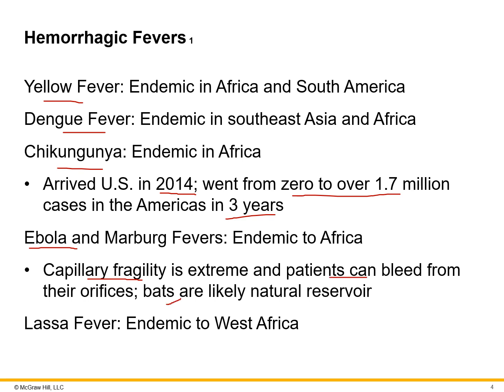It's thought that bats are the likely natural reservoir, so decreasing and limiting exposure to bats is one way of preventing this from spreading. And then the Lassa fever is our last one. Again, I included just some information about where these are endemic, but as we'll see, these are likely to become more of an issue in the United States over the years.